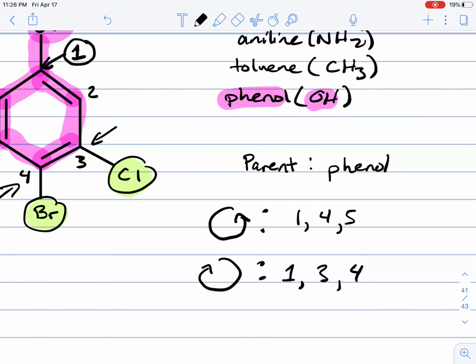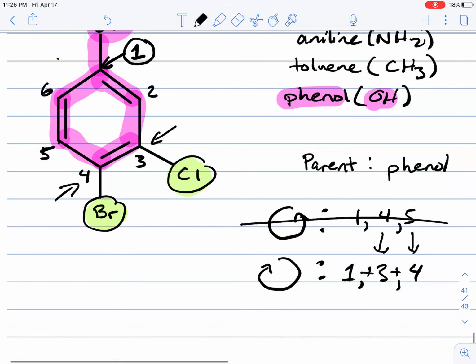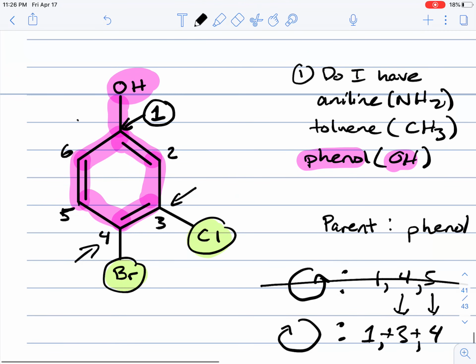So if you were just to compare these numbers, you can automatically see that the counterclockwise set, if you add them, will give you a higher value. And so if you were to add this clockwise set, it would produce a lower value than if you were to go counterclockwise. So this is telling me that this is the correct numbering system for this organic compound.